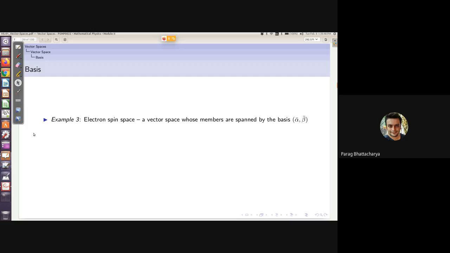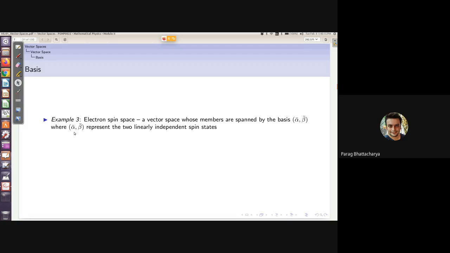Third example, that's a different example. It's about an electron spin space, a vector space whose members are spanned by the basis alpha and beta. Alpha and beta are two different, orthogonal spin states. You could use this in quantum field theory. A problem like this could arise. We need to identify all those states which are made of these two orthogonal spin states.